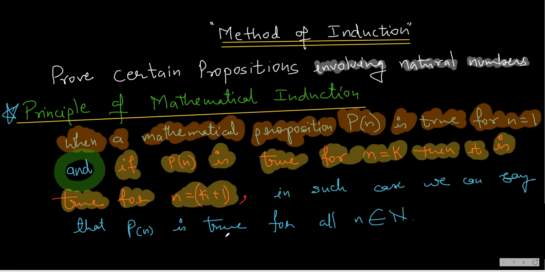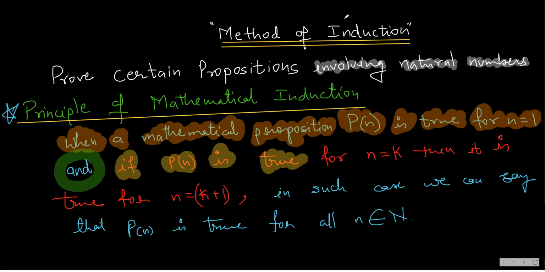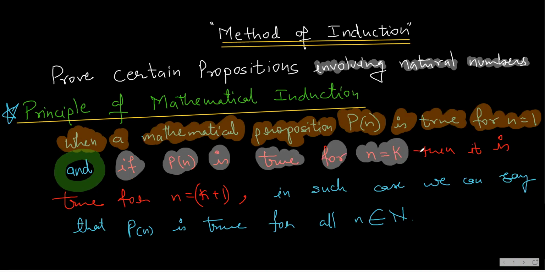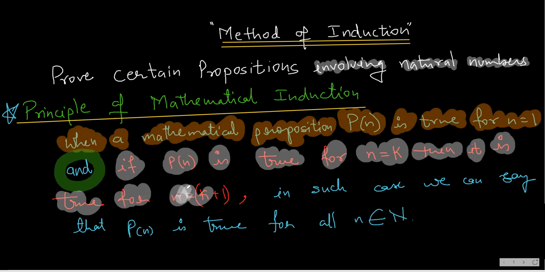In the second stage, what are you going to prove? You will prove if P of n is true for n equals k, where k is some integer, then P of n is true for n equals k plus 1.